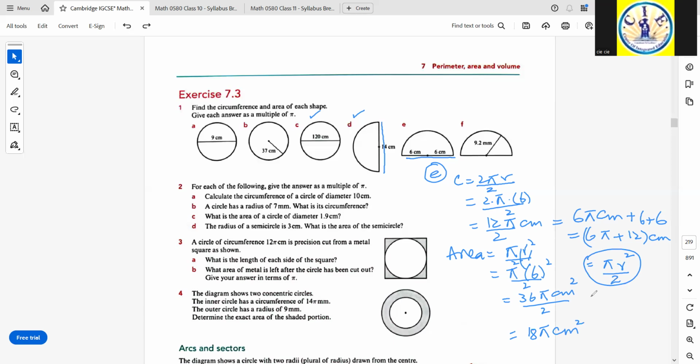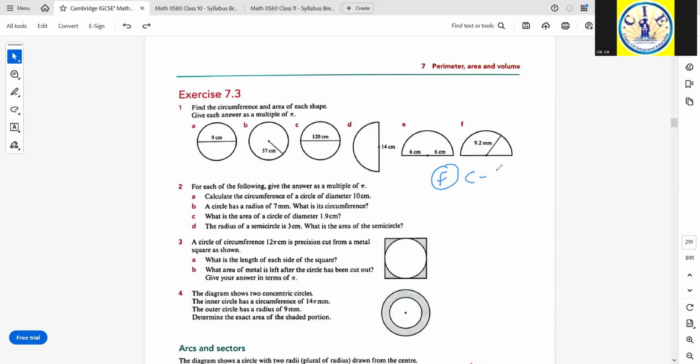Okay, for part F now, the circumference is going to be 2 pi r divided by 2 since this is the semicircle. Pi times radius is 9.2, so this is 9.2 pi. And now I need to add this portion, because circumference means the length of the outer boundary.